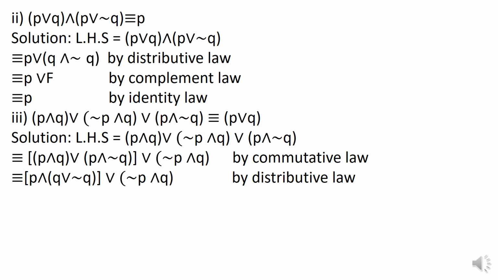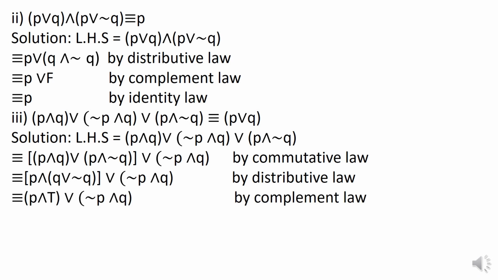Now in the bracket Q or not Q, the result is true by means of complement law. So the next step, we get (P and T) or (not P and Q). In the next step, P and T is P by identity law. Thus we get P or (not P and Q).